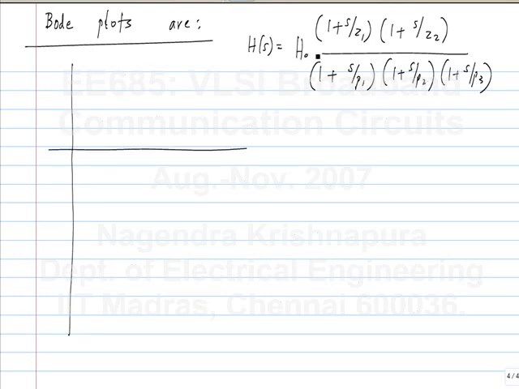And there is some multiplier H0, which is the DC value. So, you start from the DC value, and if you hit a pole, then the slope of the magnitude response changes by minus 20 dB per decade. If you hit a 0, when I say hit a 0, I mean as you increase the frequencies, if you reach the frequency of a 0, then the slope increases by plus 20 dB per decade.